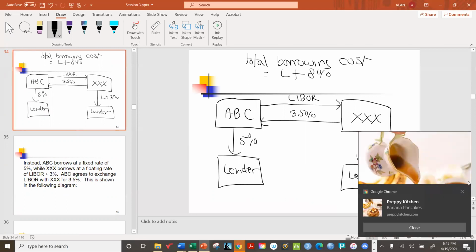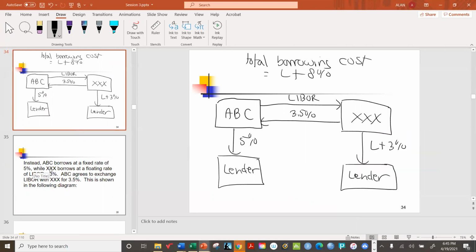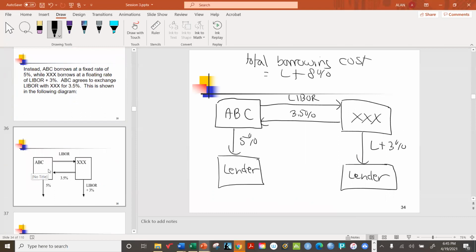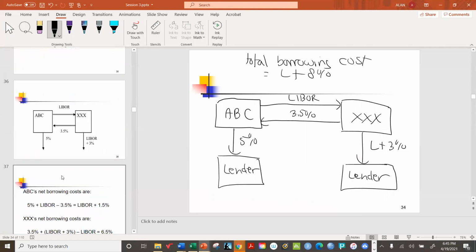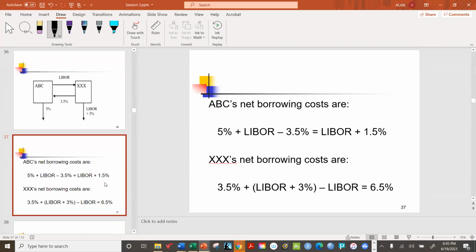So what have they accomplished now? Well, ABC's net borrowing costs now are LIBOR plus 1.5%, because remember, they're paying 5% on their fixed rate loan, and their net payments to XXX from the swap are LIBOR minus 3.5%.